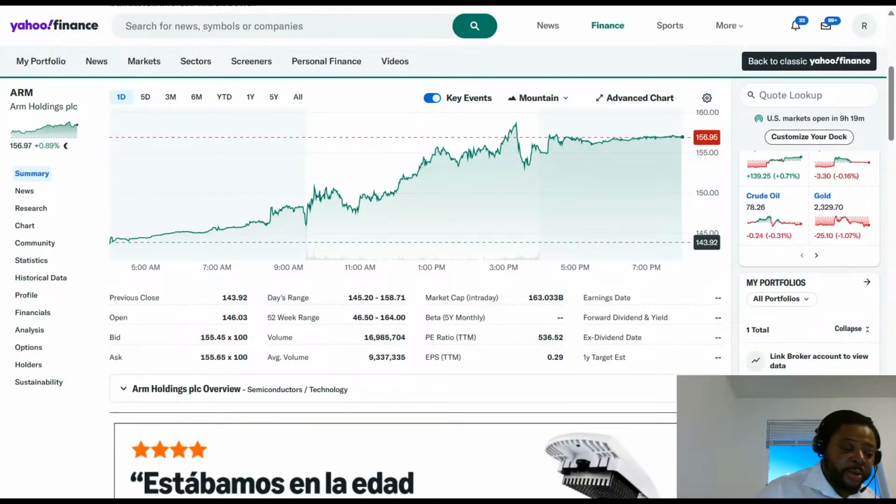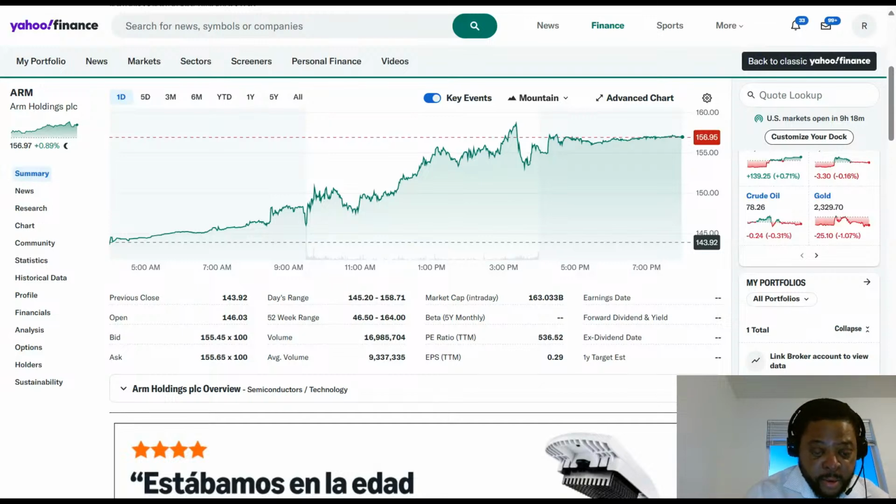So what I want to say to you is this is a percentage game. So I'm gonna do the percentage on that. Bear with me. So how you do percentage is we're gonna take the initial. Let's say you was invested in this company and you got in at $46.50. Let's just say you buy one stock. We're gonna keep it simple.